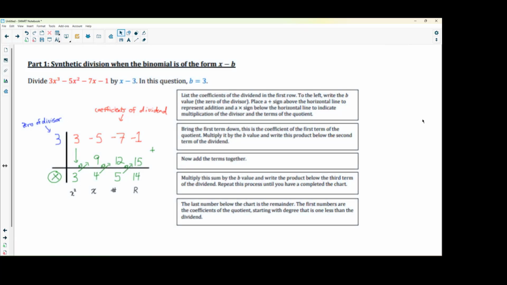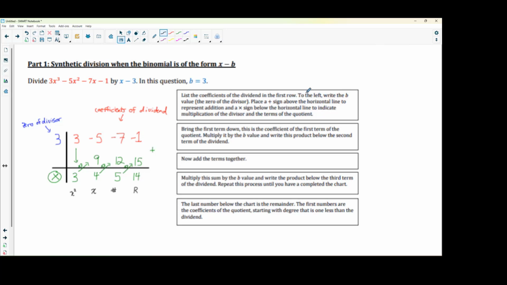Part 1, synthetic division when the binomial is of the form x minus b. Here we're dividing this 4-term polynomial by x minus 3. In this question, b is equal to 3. First, we list the coefficients of the dividend in the first row: 3, -5, -7, -1.